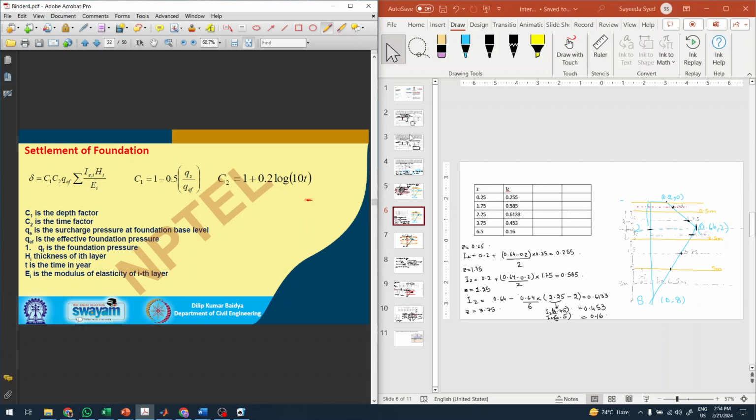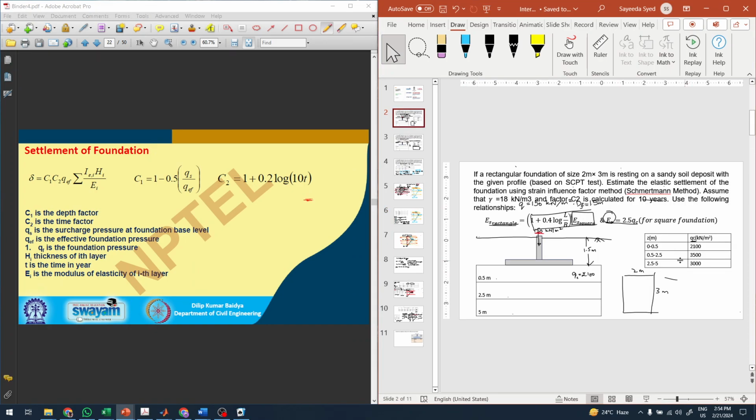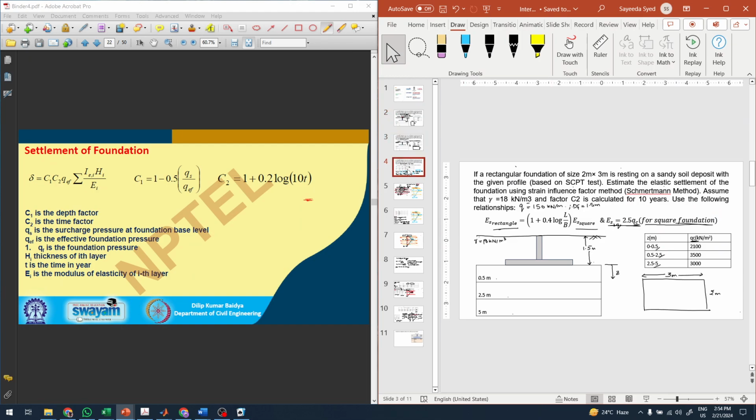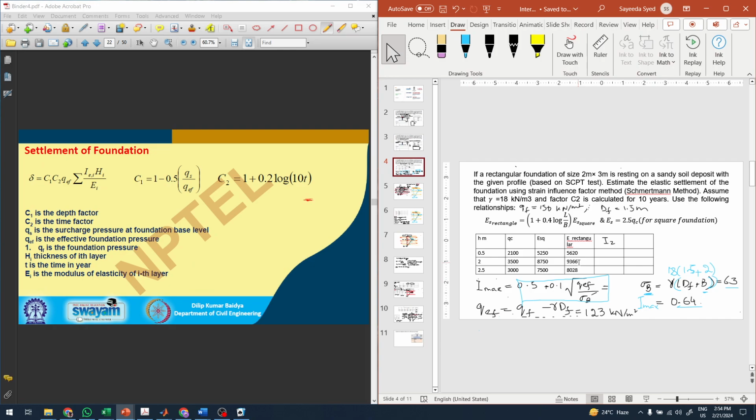So let us first copy our E's. We have calculated our E's here, I think, yes. So this is for the first layer, this is for the second layer, and for the third layer. Let us take it here.